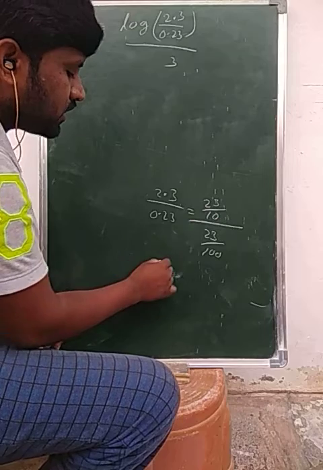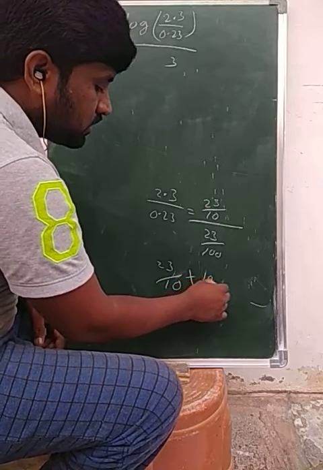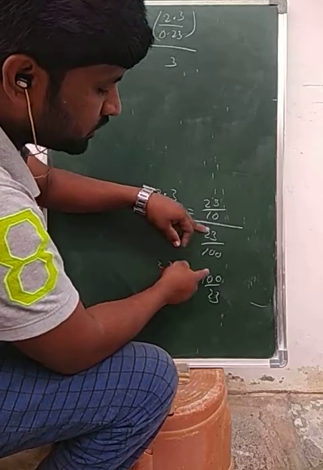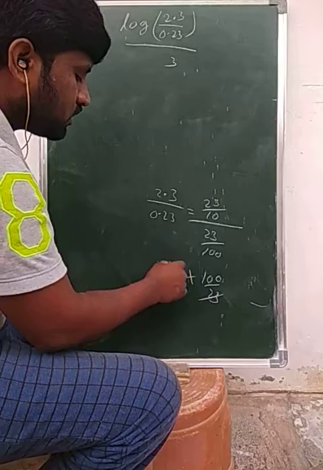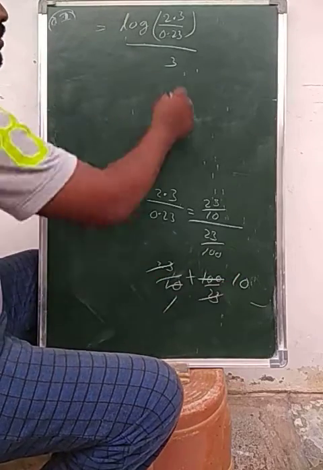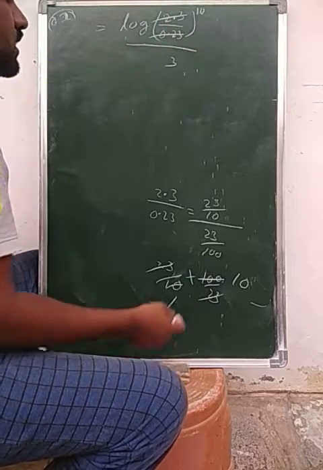By taking the reciprocal of 23 by 10, we get 100 by 23. 23 cancels, and 100 by 10 is 10.